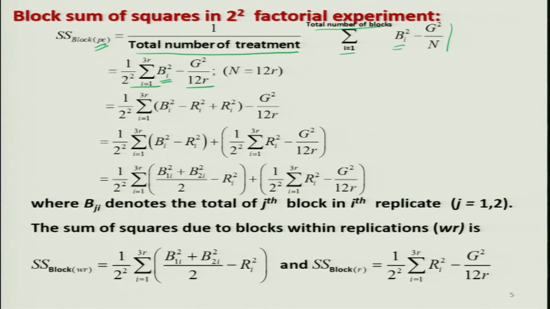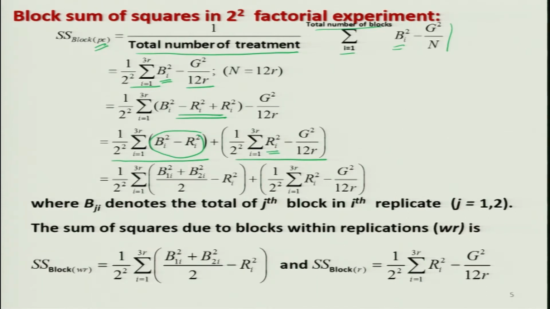Now, what I do here is add and subtract R_i square with B_i square, and then I consider B_i square minus R_i square, and this plus R_i square is combined with the correction factor. So, I can write this as 1 upon 2 square summation i goes from 1 to 3r of B_i square minus R_i square, plus 1 upon 2 square summation i goes from 1 to 3r of R_i square, minus the correction factor.